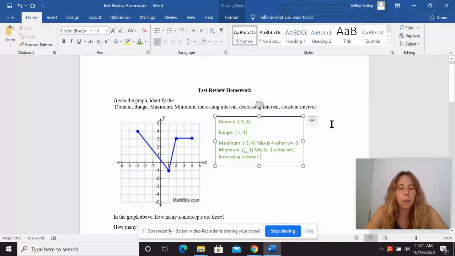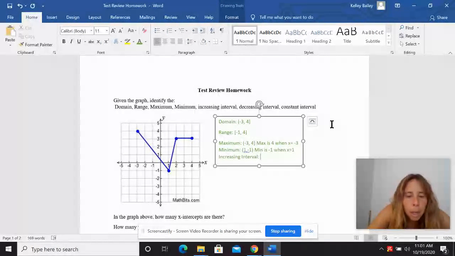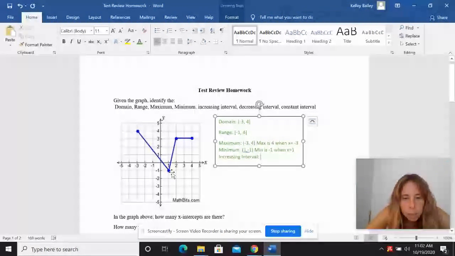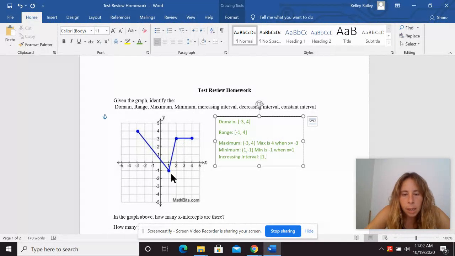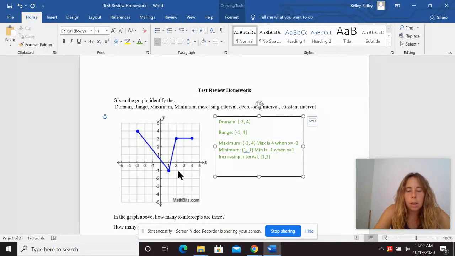We're good. Increasing interval. So where is it increasing? You are going to be looking at the x values. From where to where is it increasing? Let's see. Okay, here's my increasing, and that's x is equal to 1. And it increases from 1 to x equals 2. So you're focused on your x values. Decreasing.